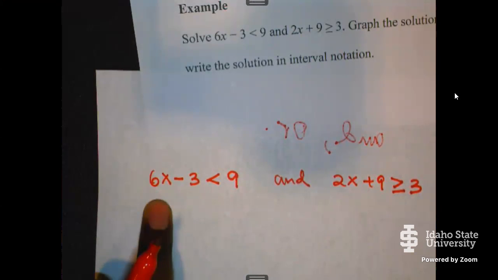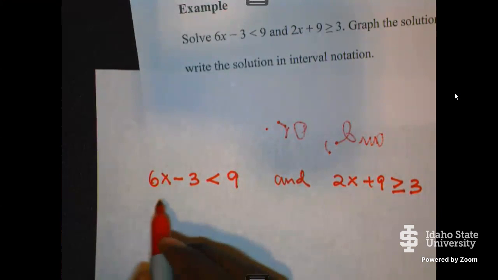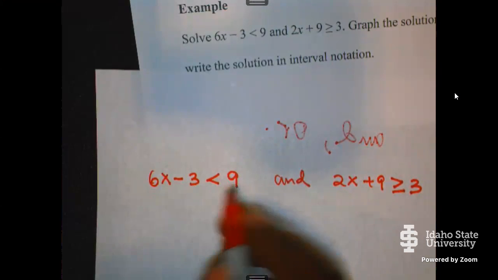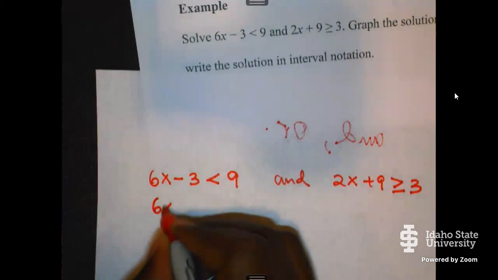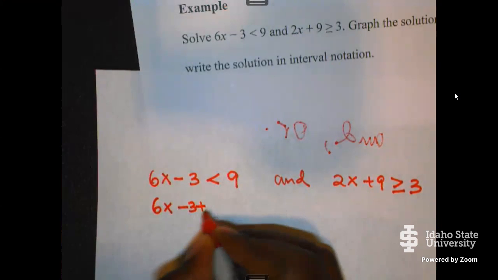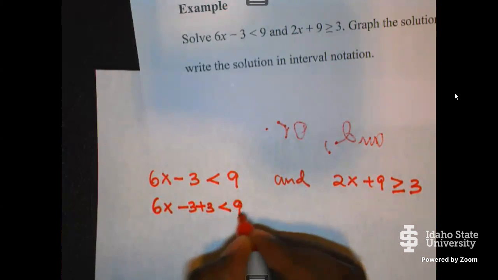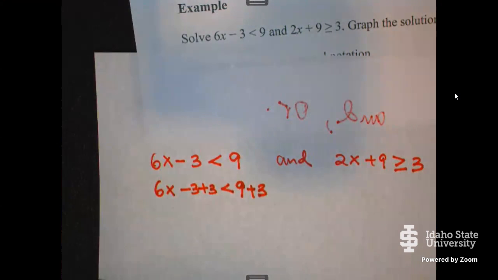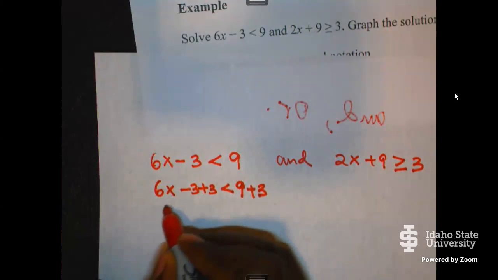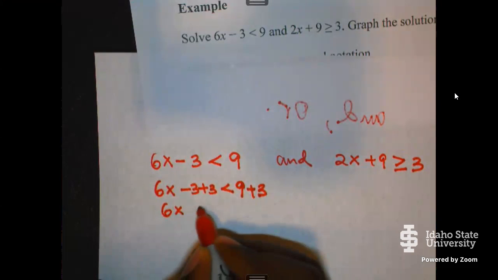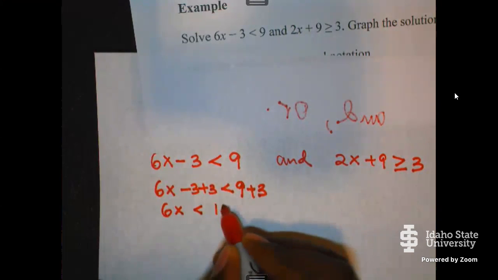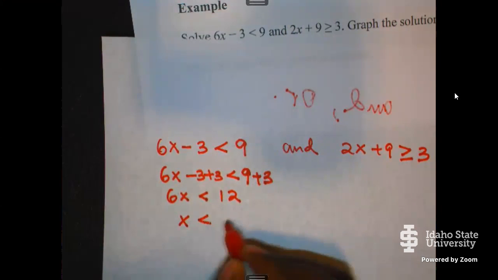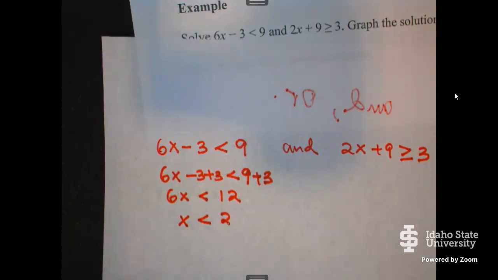So we start from the first one. What do you do here? You add, right? So it will be 6x minus 3 plus 3 less than 9 plus 3. That one is step number 1. Step number 2, you solve that. So 6x is less than 12. So here x is less than 2.